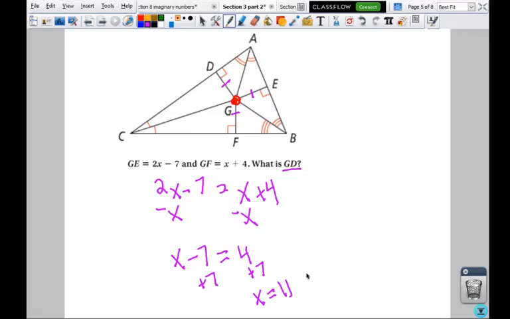I plug my 11 in for x to get 11 plus 4, which is 15, which is GD. Even though I plugged it into GF, GF is the same as GE, which is the same as GD. You found one, you found them all. So GD is 15.